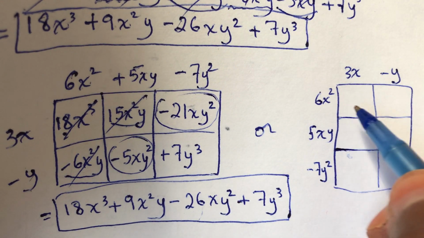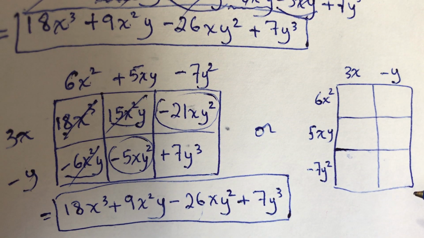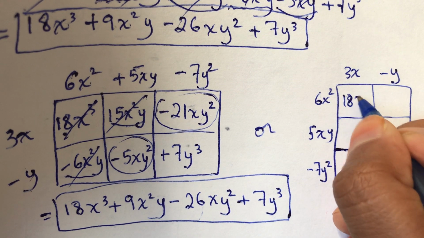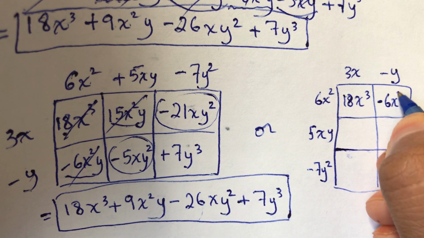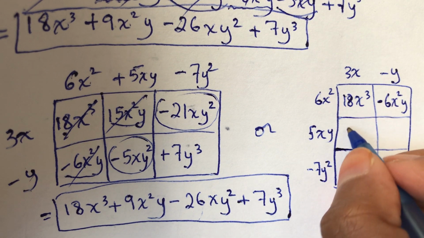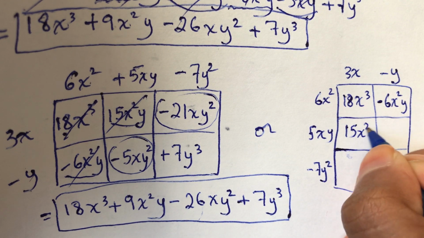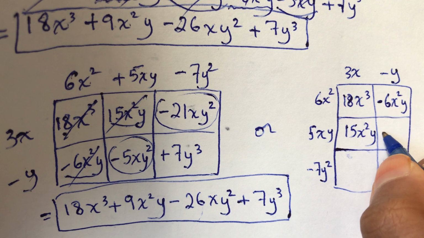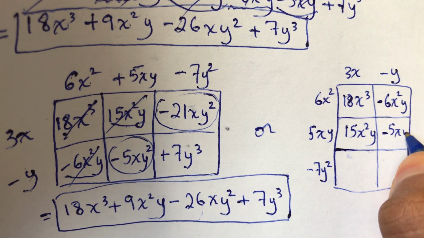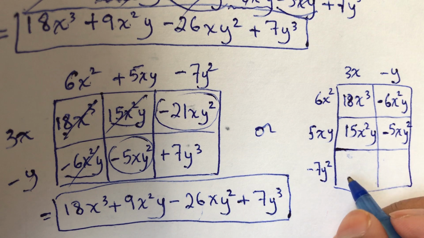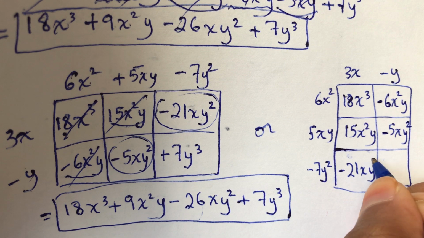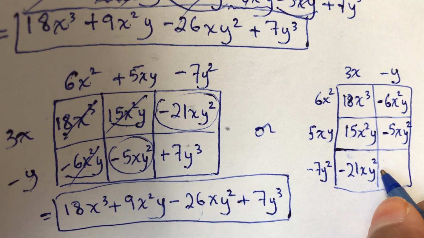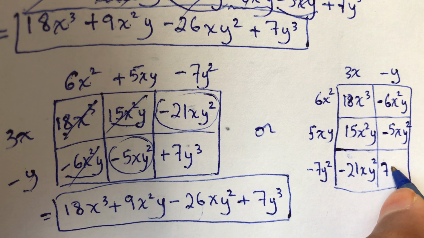So the same idea, right? But it's just the setup that is different. So if you go ahead doing this, 6 times 3 is 18x cubed, 6x squared times negative y is negative 6x squared y, 5 times 3 is 15x squared y, 5xy times negative y is negative 5xy squared, then negative 7y squared and 3x gives me a negative 21xy squared, and finally negative 7 times a positive y is a positive 7y cubed.